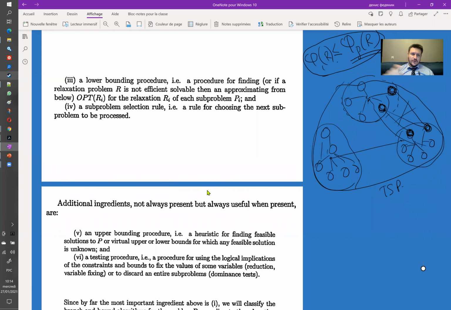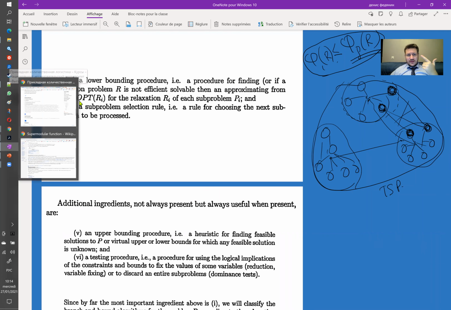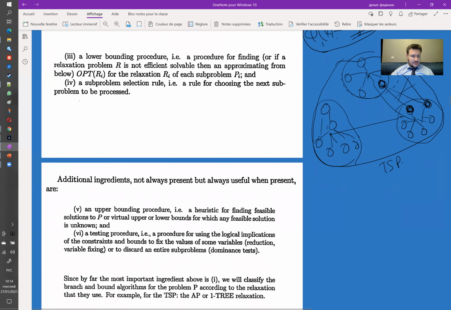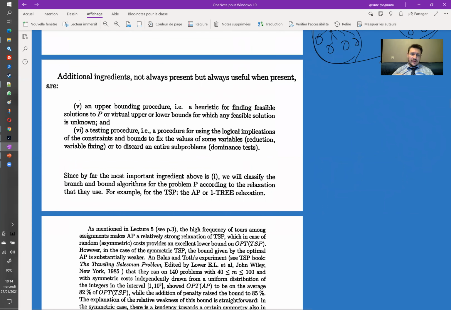Okay, so we need branching, we need bounds, and we need a lower bounding procedure here, relaxation, and some problem selection rule. So if we have three problems, we have to find in which order we should consider them. Sometimes it matters, sometimes it doesn't.